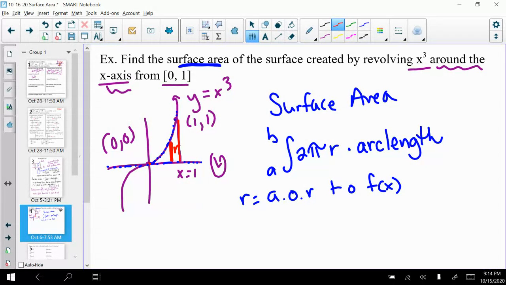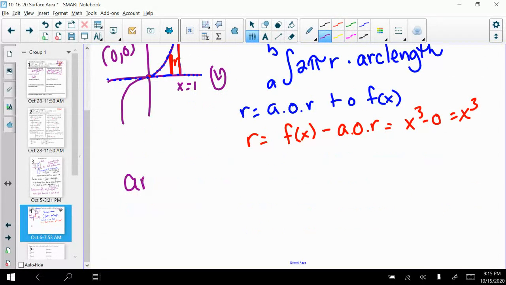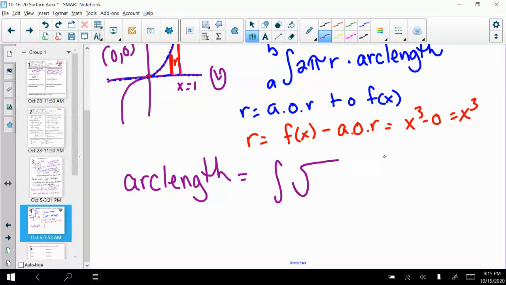As we go along, r is the top minus the bottom, so r is my f of x minus my axis of rotation, which is really just x cubed minus 0, or x cubed. Arc length, we remember, is the integral from a to b of the square root of 1 plus our derivative squared dx.